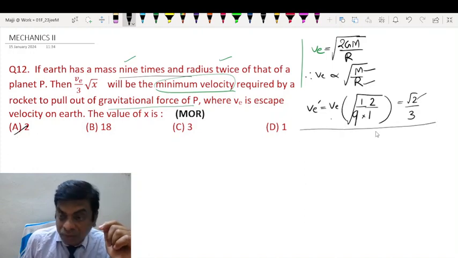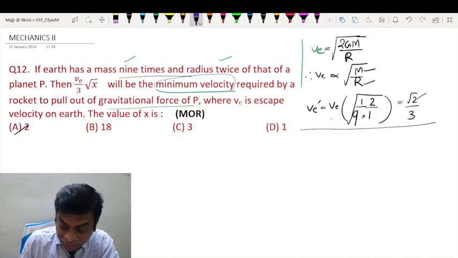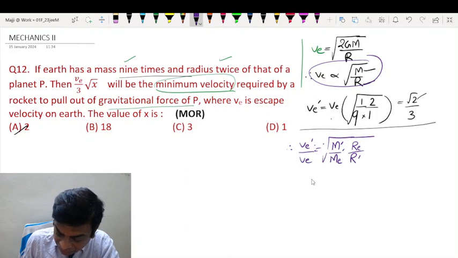The students who could not understand this can use two different formulas, as you know, like this. For the planet, we have VE dash proportional to, from this formula itself we can write like this: mass of the planet upon mass of Earth, and here radius of the planet upon radius of Earth.